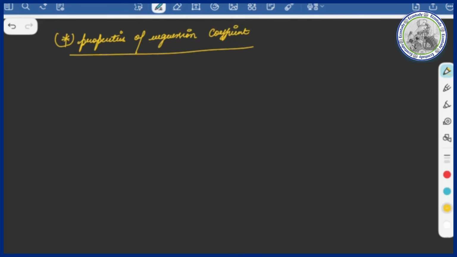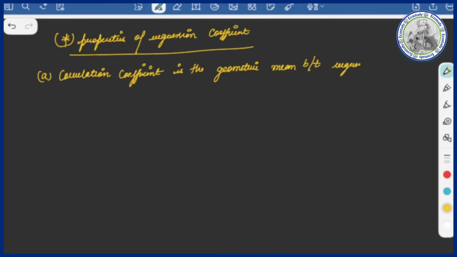Now the first property: the correlation coefficient is the geometric mean between the regression coefficients.